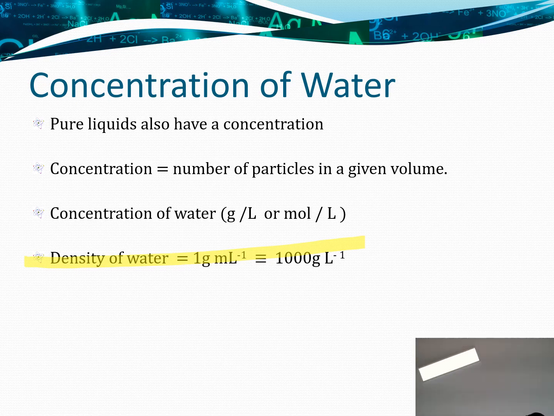Now that's slightly incorrect, because pressure and temperature will change the volume that water will take up. But for every calculation you ever need to do with water, that is the assumed density of water.